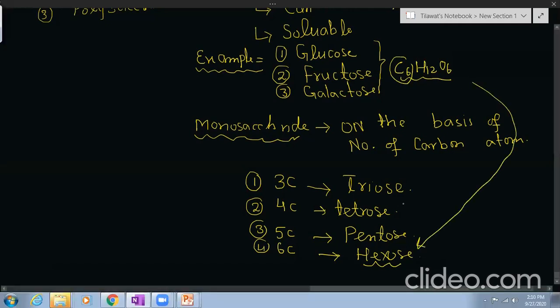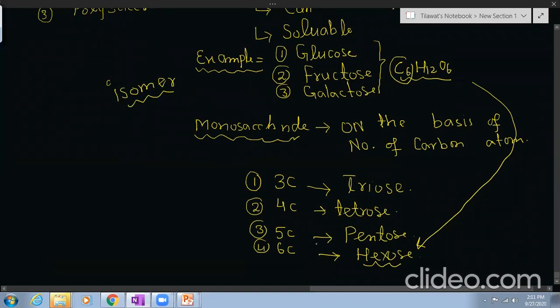Why? Because these contain only 6 carbon atoms. The chemical formula for glucose, fructose, and galactose is the same, but the structure is different. And we already know in chemistry, molecules having the same chemical formula but structurally different from each other are called what? Isomers. So these 3 monosaccharides are isomers of each other.